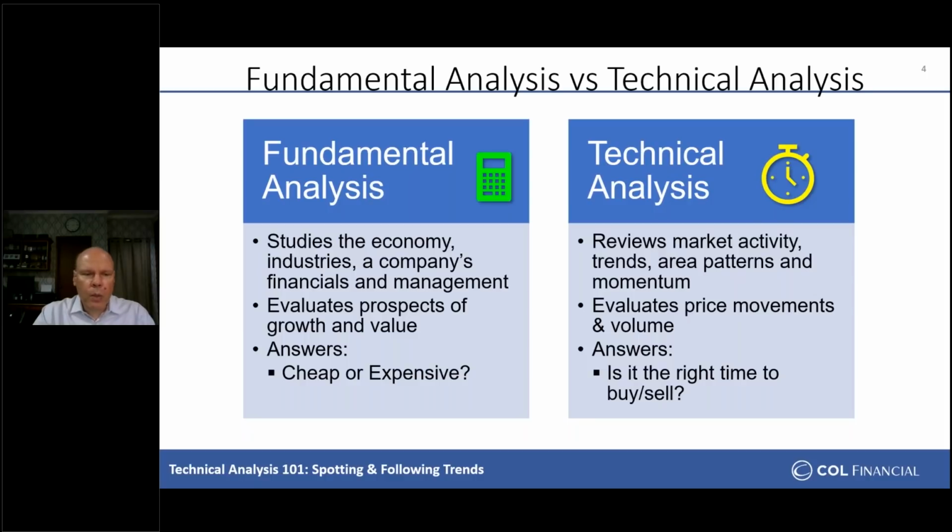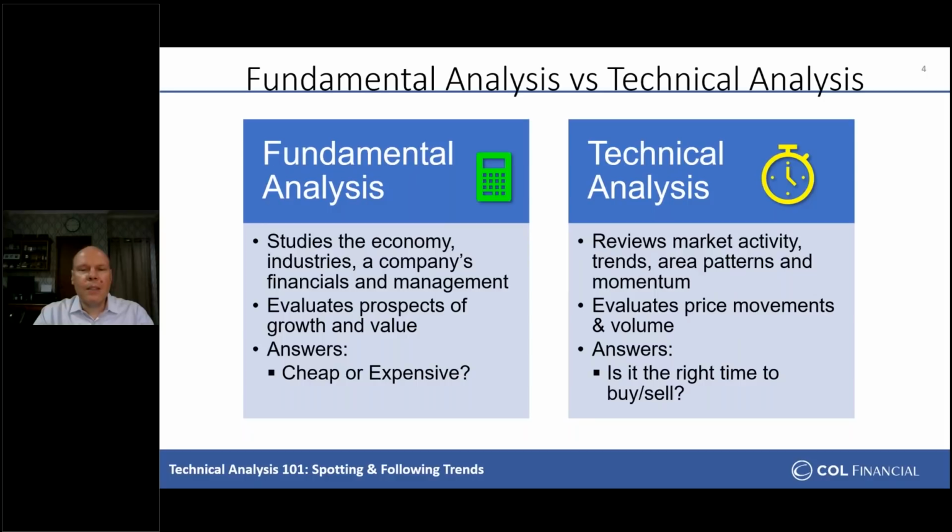Its primary goal is to evaluate the prospects for a company's growth and how valuable the business is given the context of what it's doing. And it answers the question, is a company cheap or is it too expensive? By answering that type of question, you'll be able to get a sense of whether it should be timely for you to look into a prospect of investing in a stock or not.